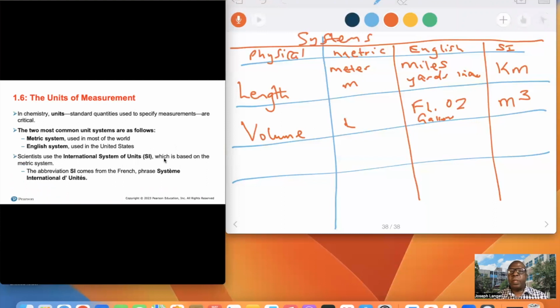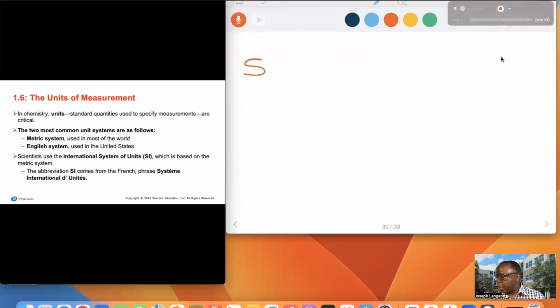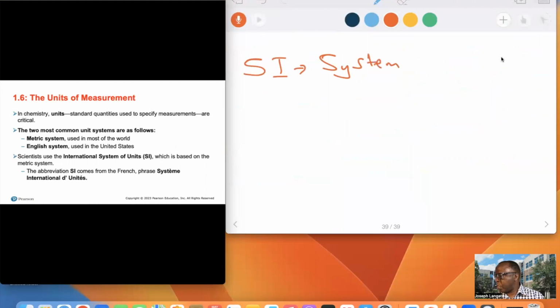Scientists use SI units. This is the System International. SI, you need to know what it stands for. This stands for System International. Before this system was arrived at, if you are asked how tall are you, we use feet, 5 feet, 6 feet, and so forth.